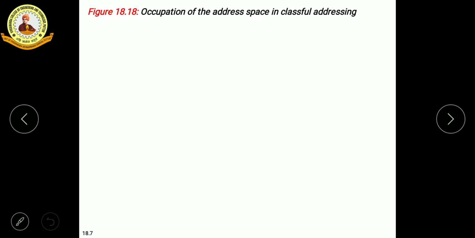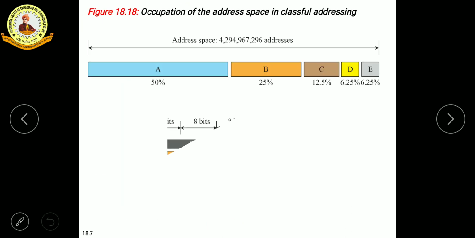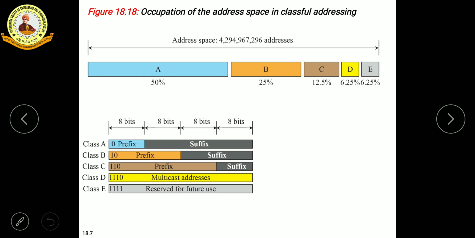You can see here in this figure, there are 3 prefix lengths. Class A, only 8 bits you can observe here. Class B, prefix length is 16 bits. Class C, prefix length is 24 bits. We can call the prefix length n.